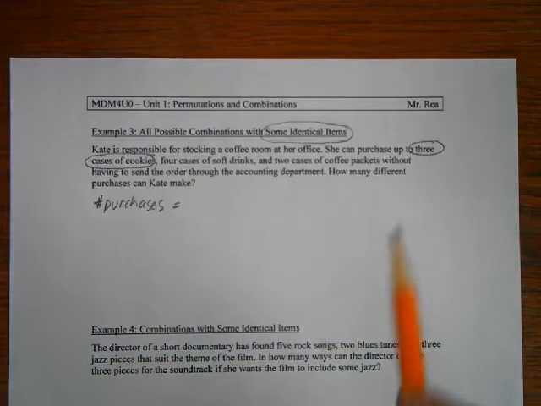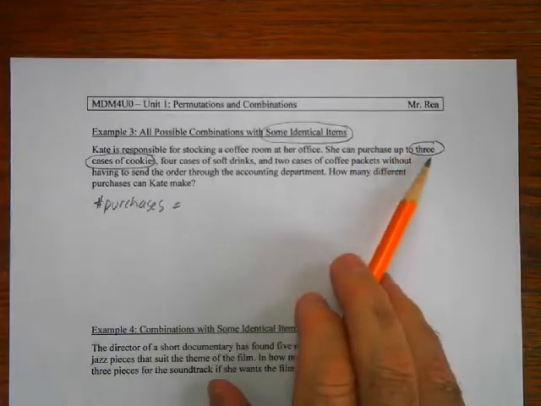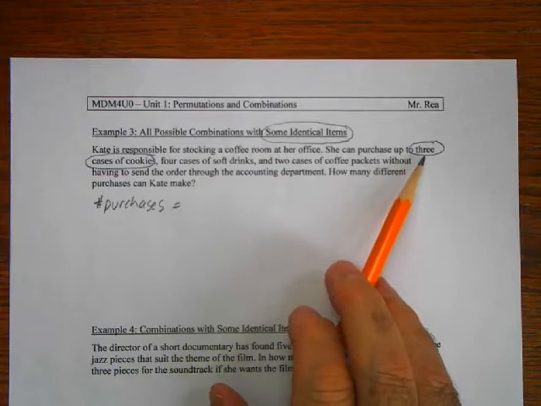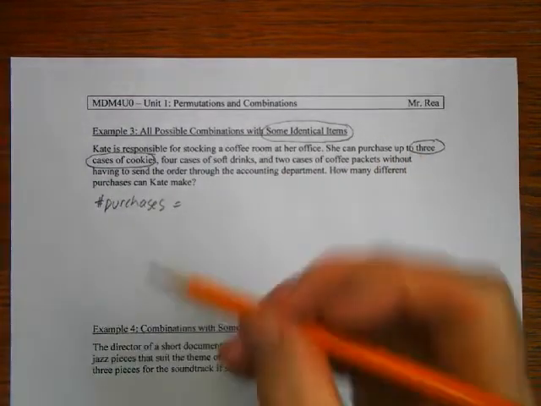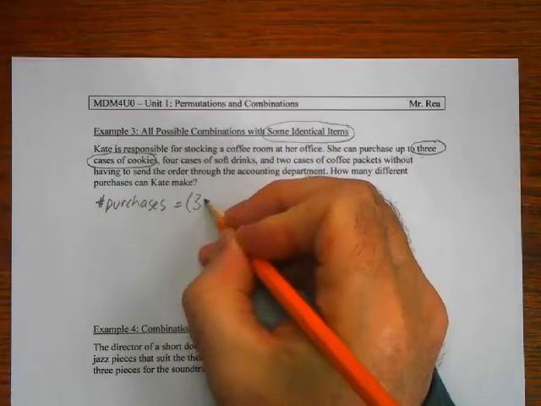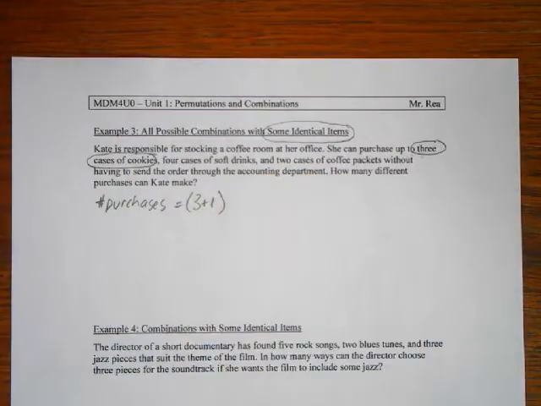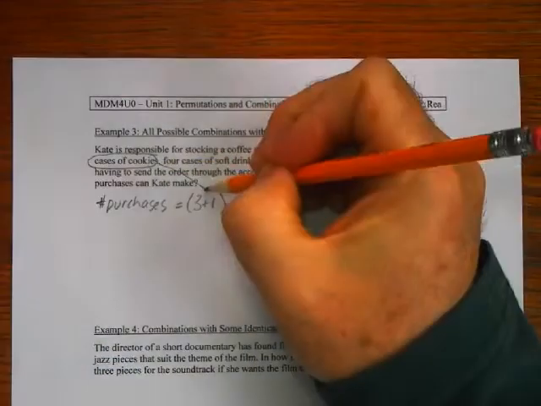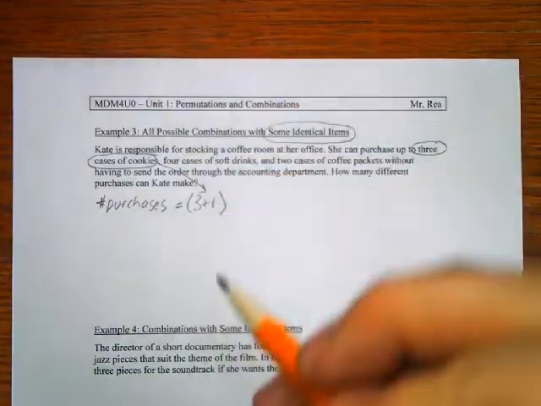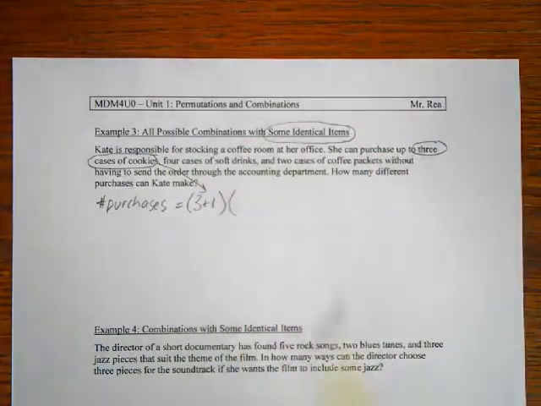So basically what we do is we take the number of items, which is up to 3, and we add 1. The 1 is the choice of not ordering it at all. So for the cookies that entry is 4.